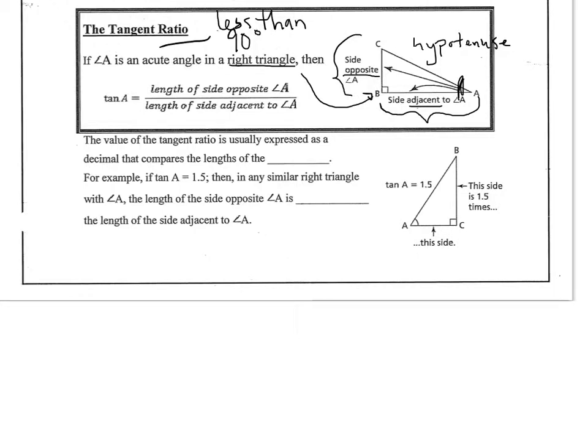So let's take a look at the sentence below. The value of the tangent ratio is usually expressed as a decimal that compares the lengths of the sides of a triangle.